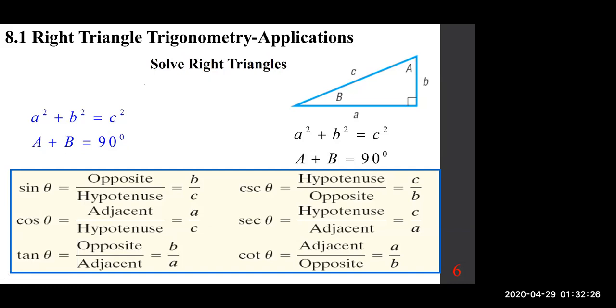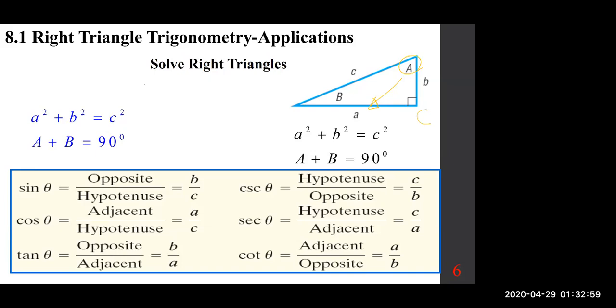For example, if this is A, the way you name the side opposite that is the same with the lowercase. And so, for example, this is capital C, and so the opposite side is the lowercase.